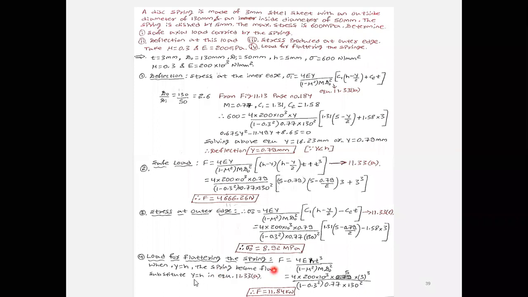Now, you have to substitute Y is equal to H in equation 11.33a. In this equation, substitute Y is equal to H. Here also you need to substitute Y is equal to H, so this will become 4E into H. This will be H minus H, which gets cancelled, 0. 0 multiplied by the entire thing, this entire thing will become 0.